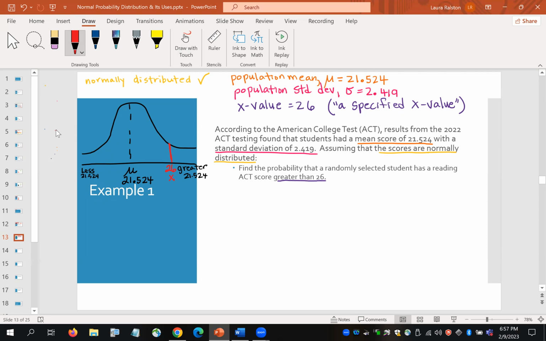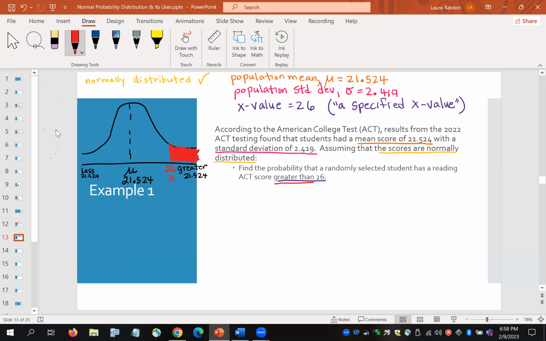And it specifically says I want to be greater than that. Well, values that are greater than 26 are going to be to the right. So I'm looking for, if I'm thinking about the probability as the area under the curve, I'm looking for this area, this red shaded region at the end of my curve on the right-hand side.